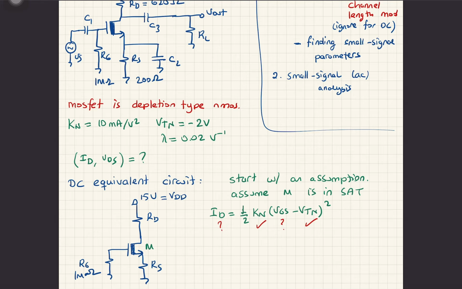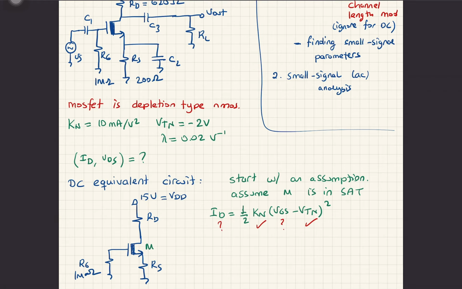So I need one more expression. The other expression can be the equation on this line, which means VDD is equal to the potential drop across RD plus VDS.